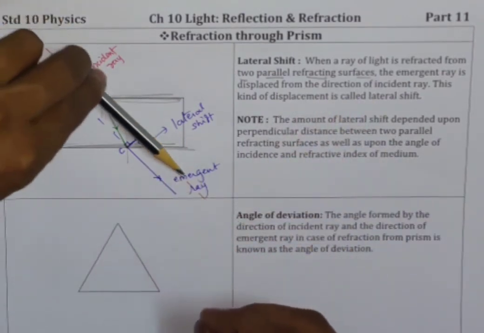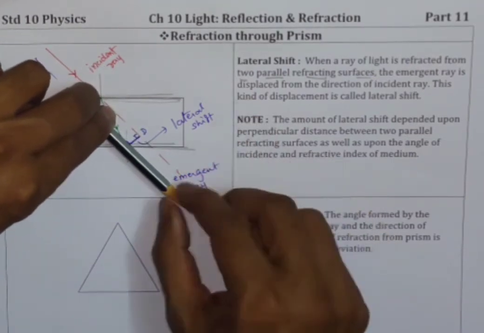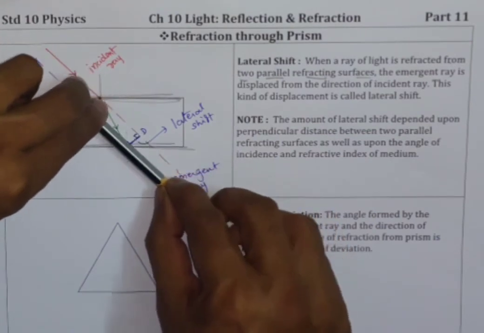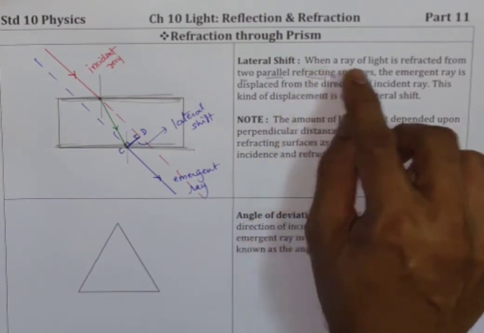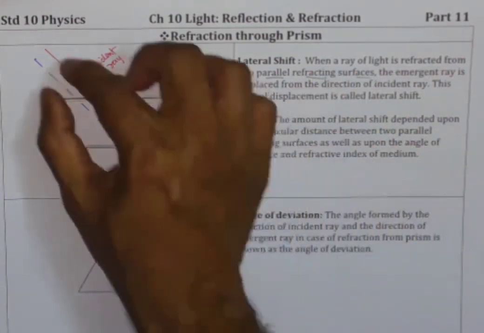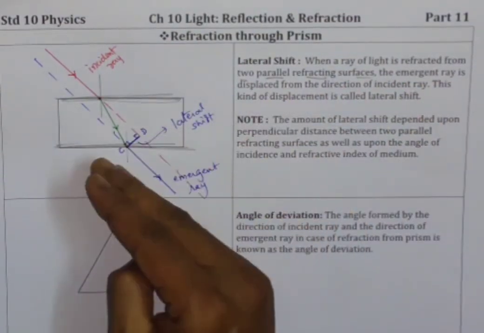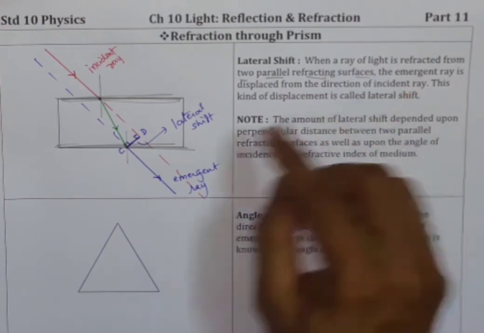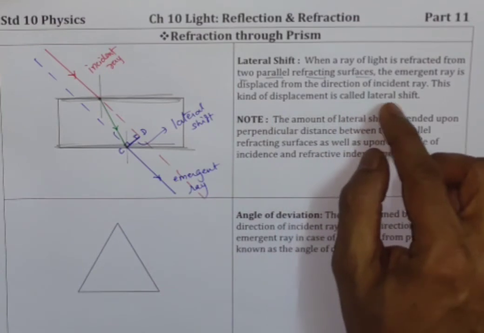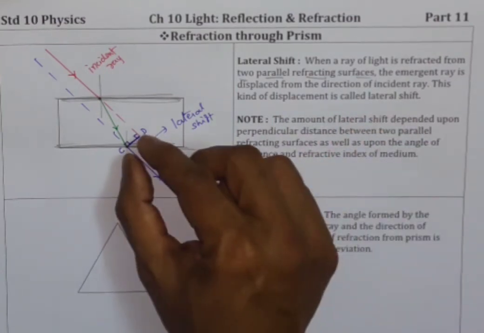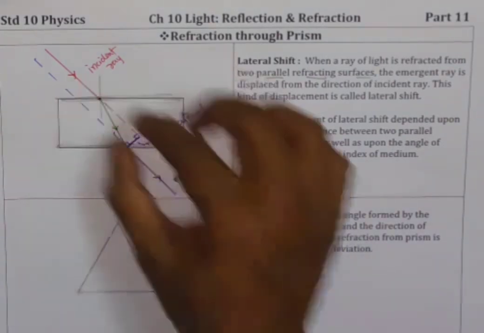Children, this incident ray was going straight, but suddenly the emergent ray comes here. So the incident ray is displaced to form the emergent ray. Please try to understand. This kind of displacement is called lateral shift. And how much is the displacement? Equal to CD, the perpendicular distance between the two parallel lines here.